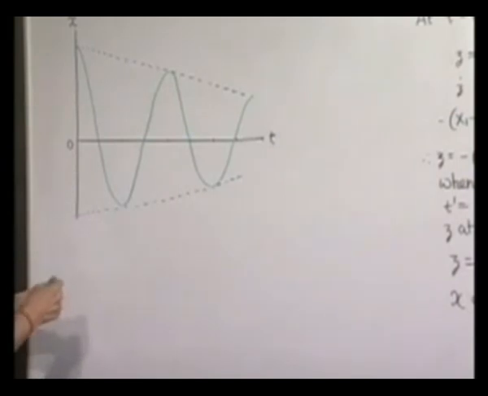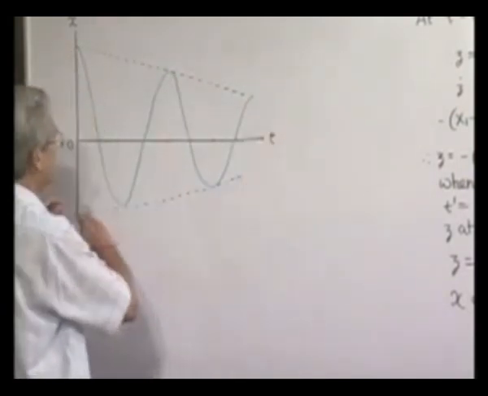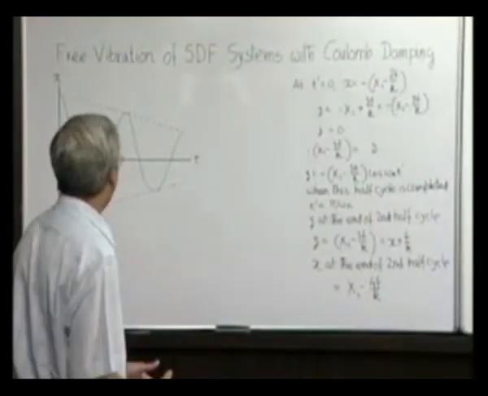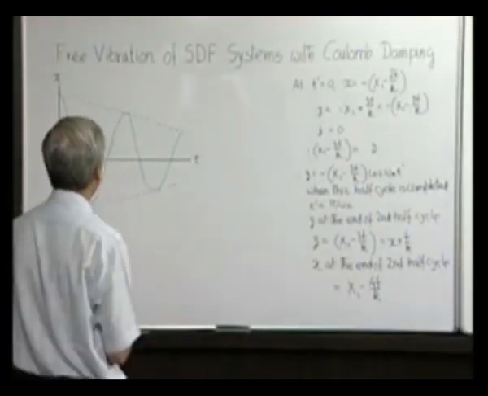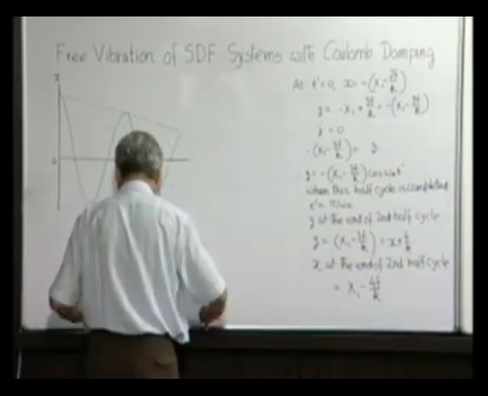So the peak amplitude, if we join, we get a straight line. The question is now that how far it will continue doing this. Let us consider that it oscillates like this.